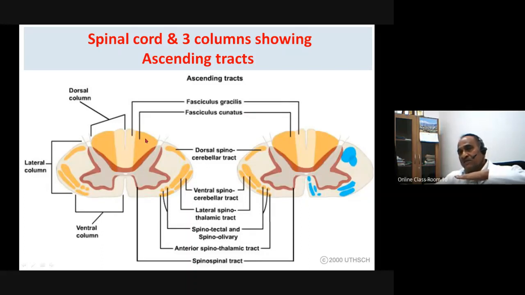Gracilis is the lower thoraco-lumbar and the sacral, below the thorax. This information is all touch and fine touch sensation, vibration, and tactile localization.